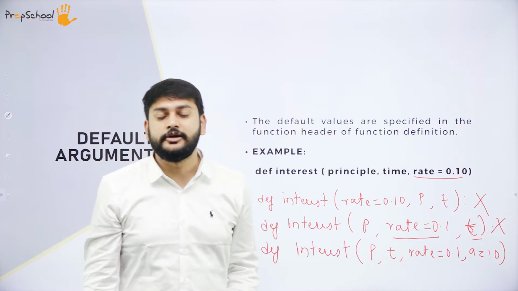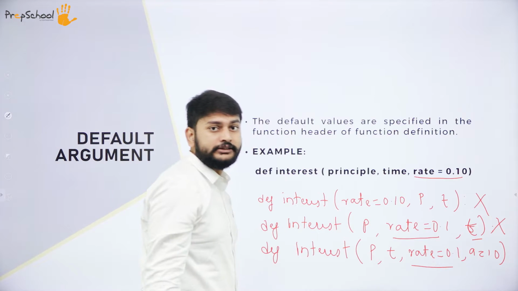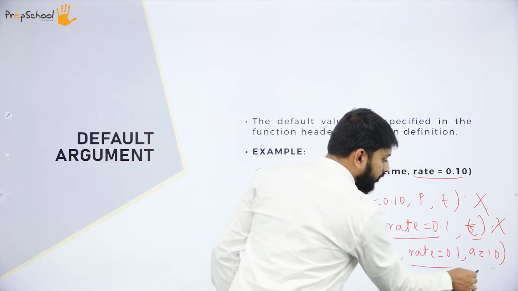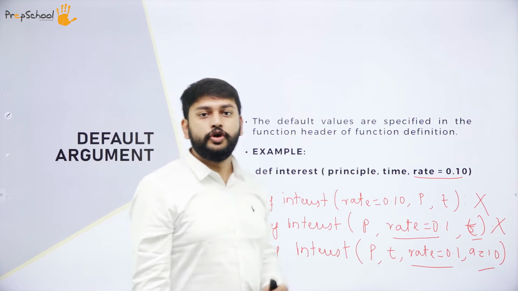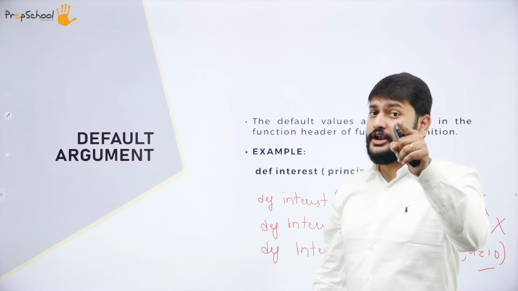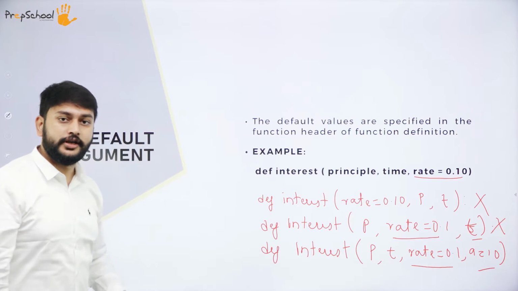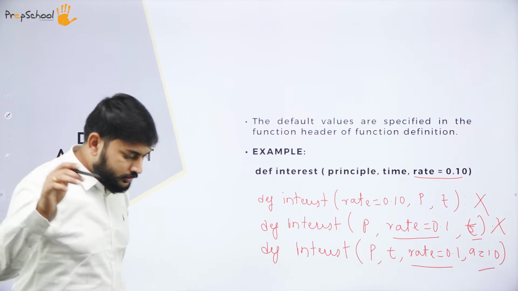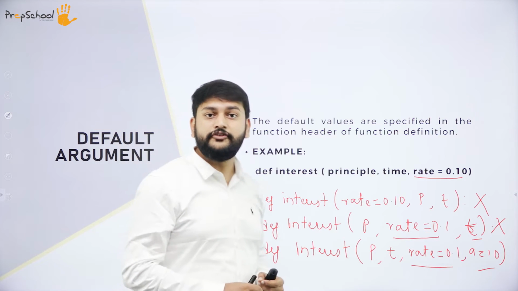This is a valid statement. Why? Because you're having the default arguments after the default arguments, not before. So that is the important rule with respect to default arguments that you should understand. So we have understood the positional arguments, we have understood the default arguments.